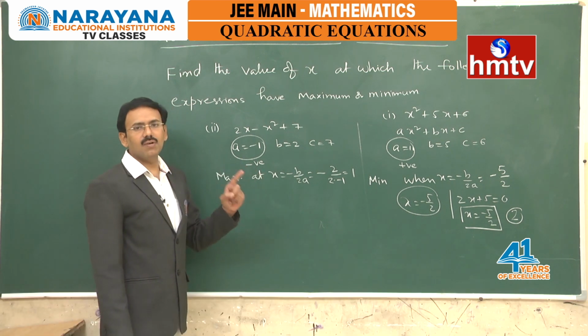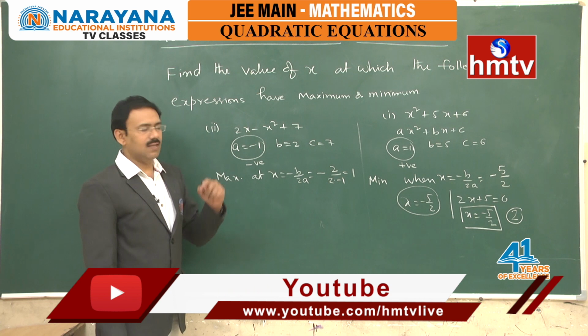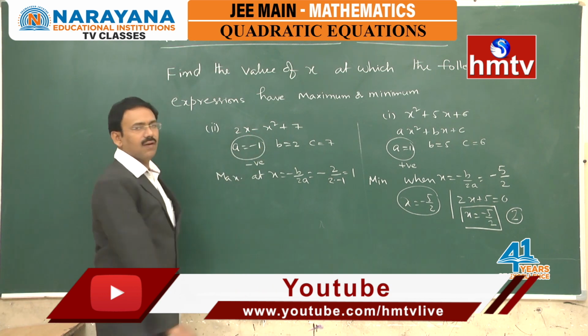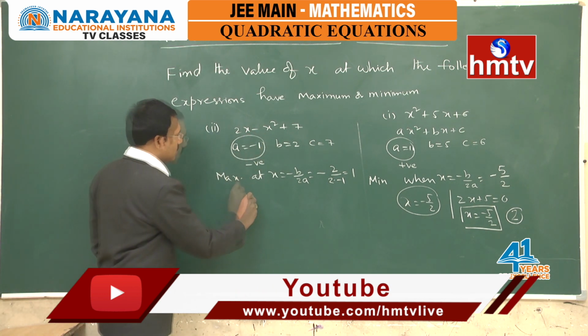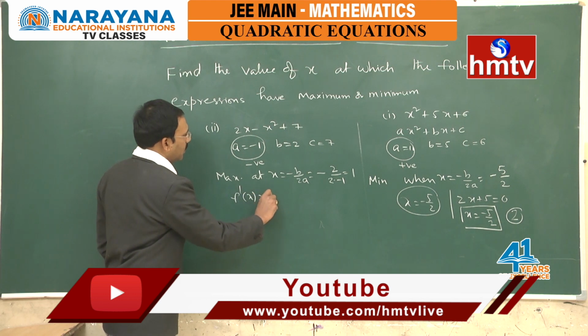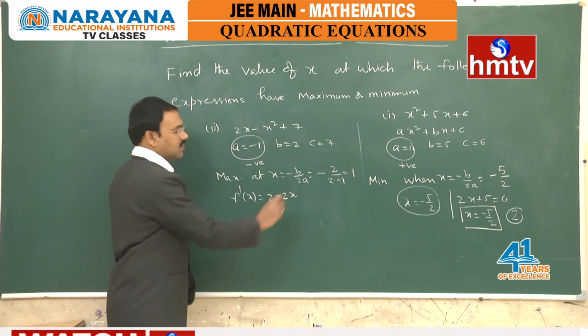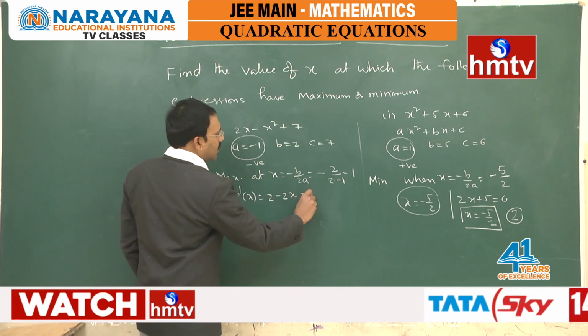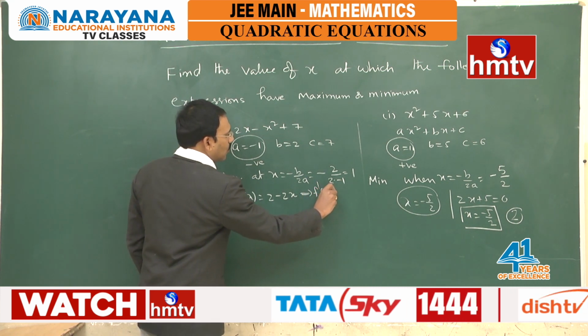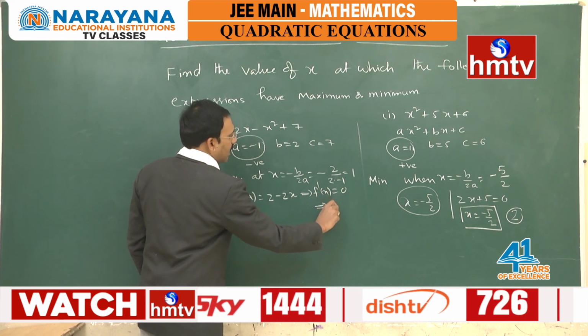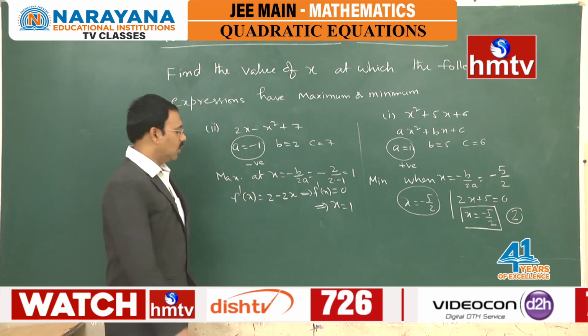Even the same can be done with the help of calculus. Take the first derivative of this expression, which is f dash x is going to be 2 minus 2x, and first derivative is 0 implies you will get x is equal to 1.